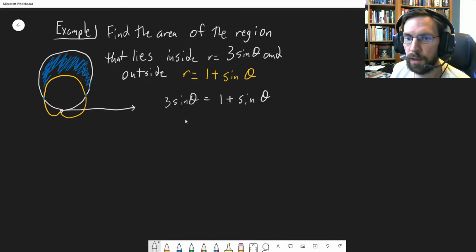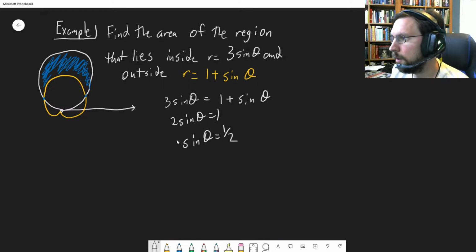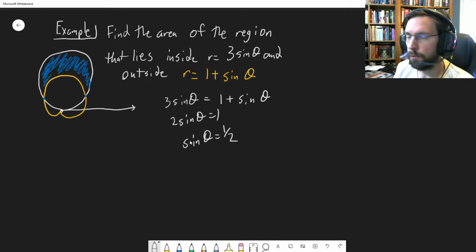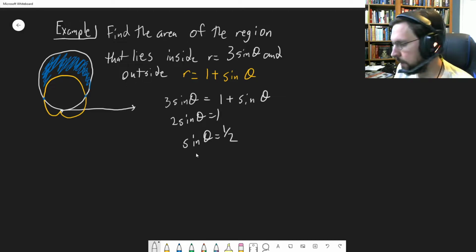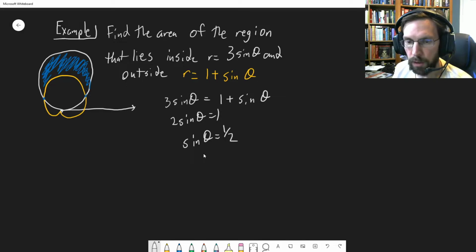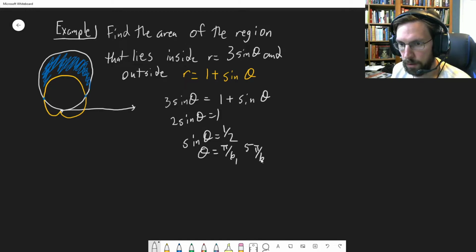Okay, and when we do that, that says that 2 sine theta has to be 1, which is saying sine theta has to be 1/2. Okay, so we need to think about for what angles is sine theta equal to 1/2. So sine theta is equal to 1/2 when theta equals pi over 6 and when theta equals 5 pi over 6.